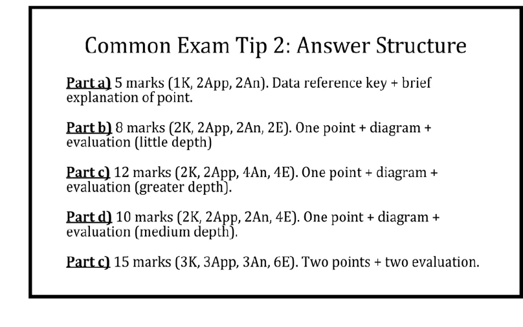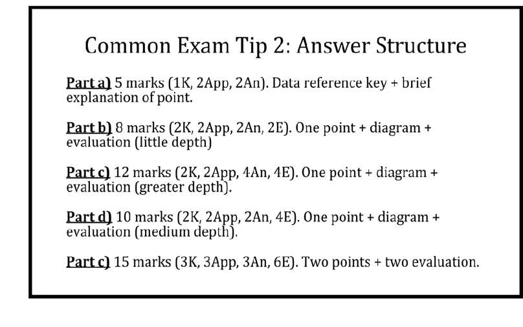Secondly, the 8 marker is 1 point, and this can often be complemented with a diagram. The diagram should be explained, saying what's happened to price or output respectively, and then likewise 1 piece of evaluation.